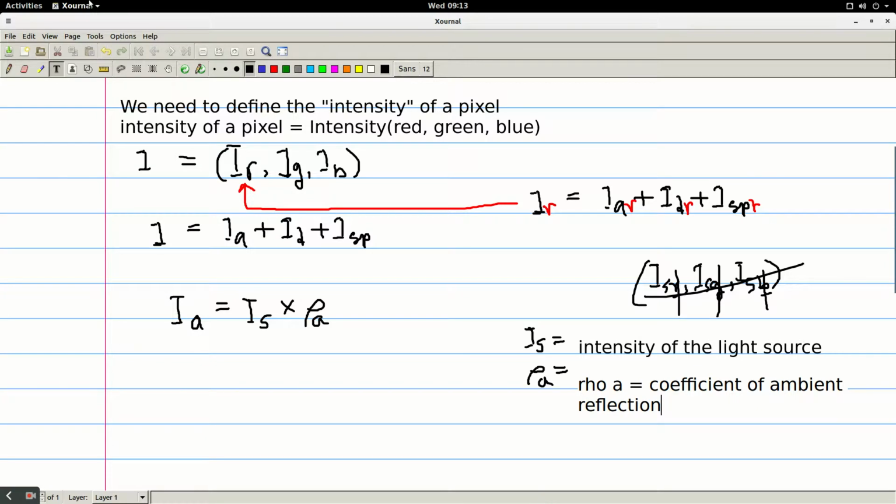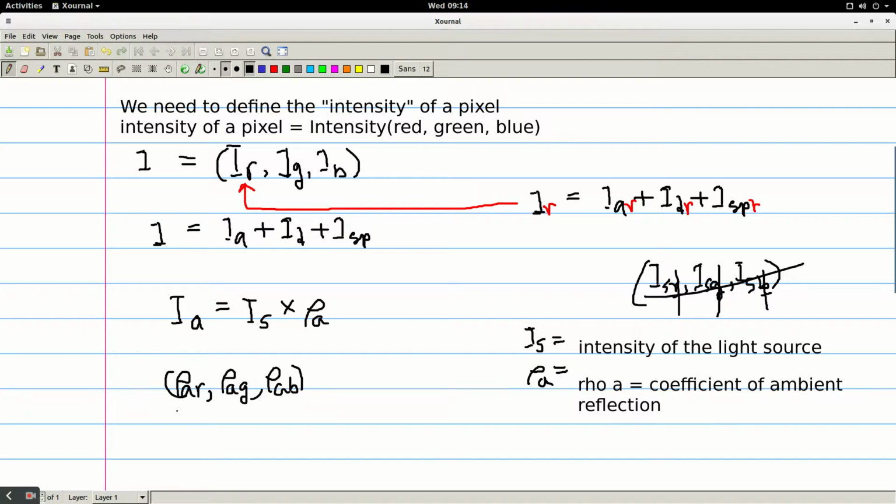Okay, and for any given material, you'd have rho AR, rho AG, and rho AB, for any given color.